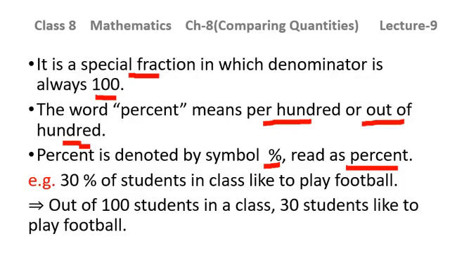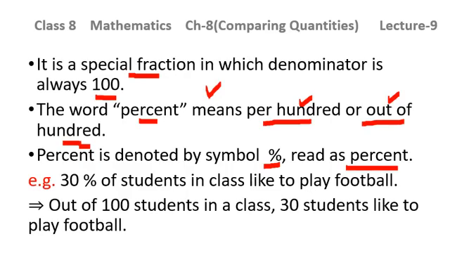So what do you mean by a percentage? It is a special fraction in which the denominator is always 100. The word percent means per 100 or out of 100. I gave you the example of marks, and you can say that it is the numerator of a fraction with denominator 100.